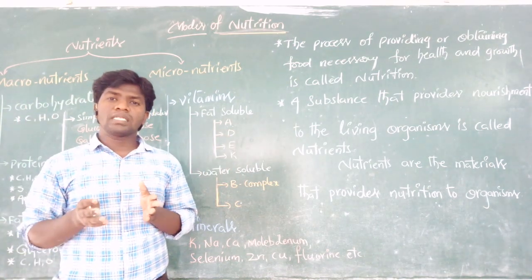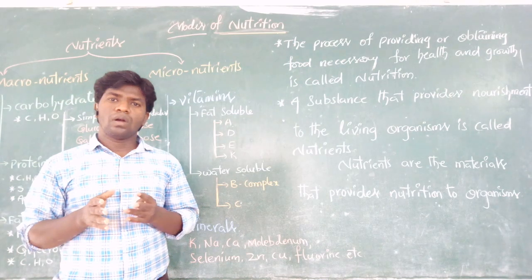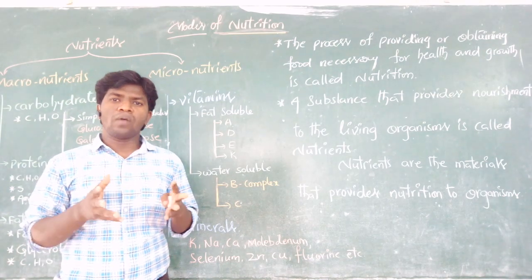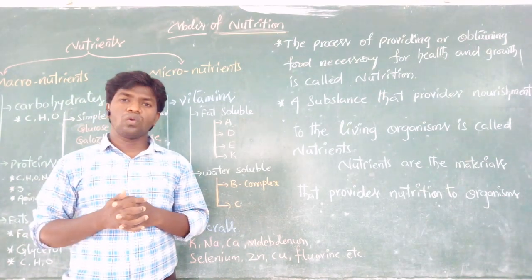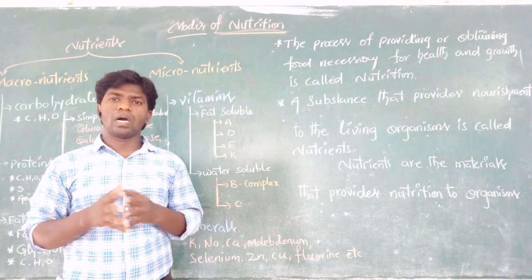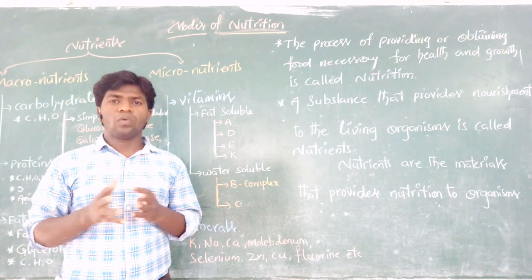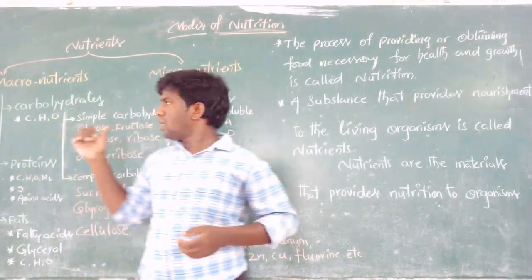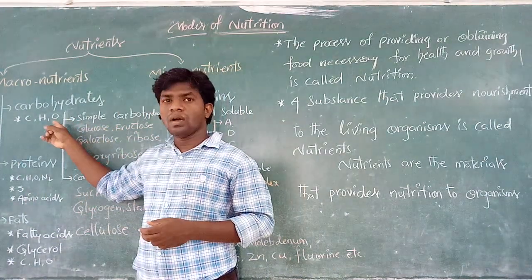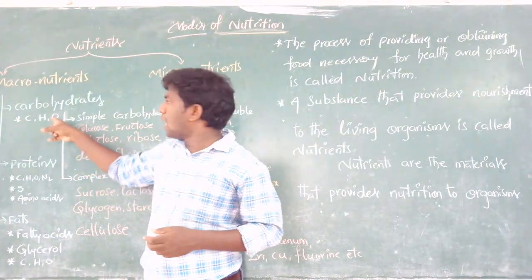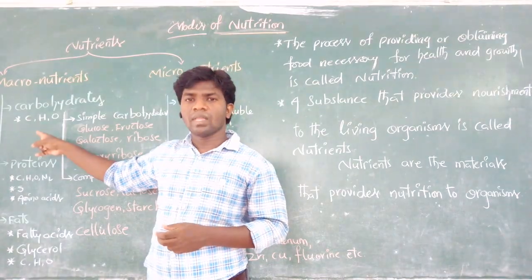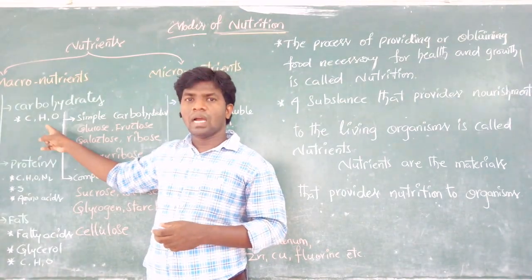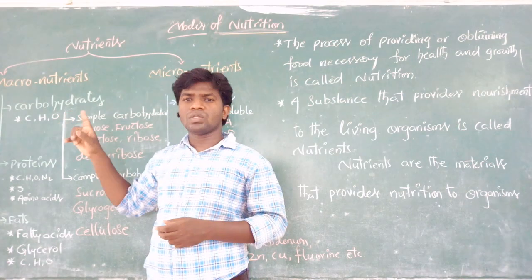How are carbohydrates formed? Carbohydrates are compounds made up of carbon, hydrogen, and oxygen.